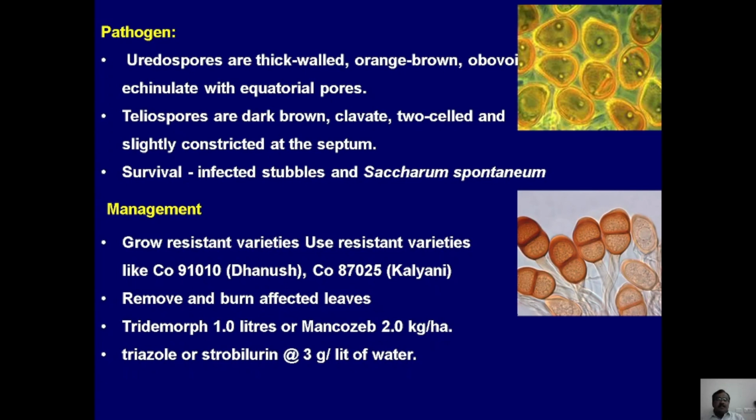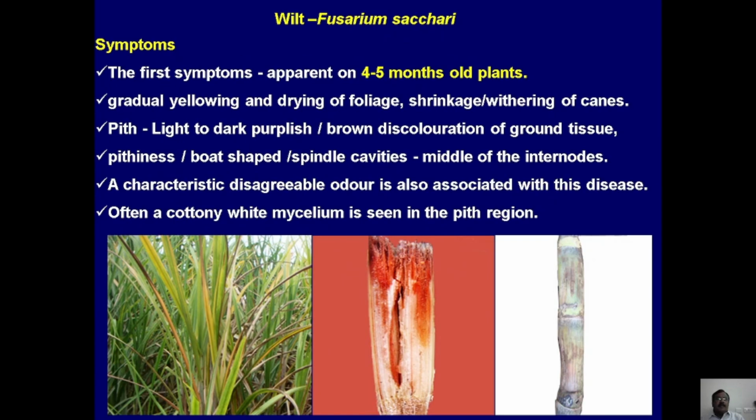For managing this disease, growing resistant varieties such as Co 91010, that is Dhanush, or Co 87025, that is Kalyani, is recommended. Remove and destroy all infected stubbles or plant debris of previous crops. Application of mancozeb, triazole or strobilurin is recommended to manage the disease at the field level.